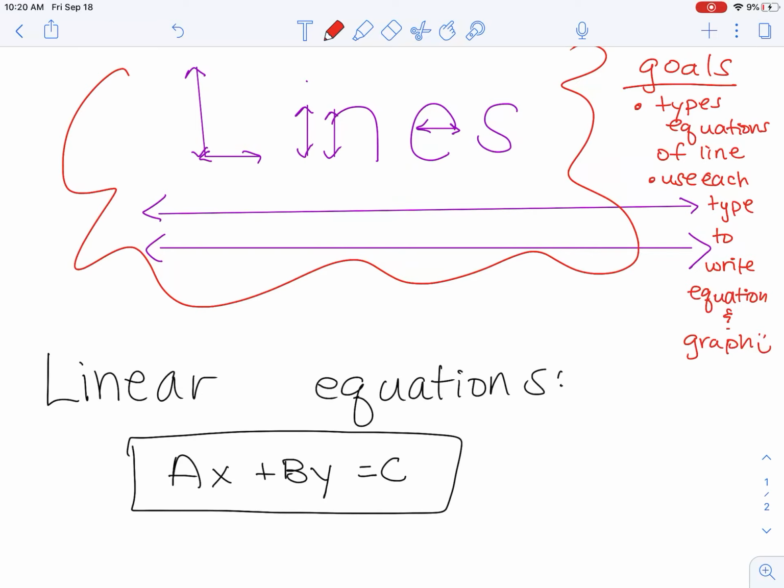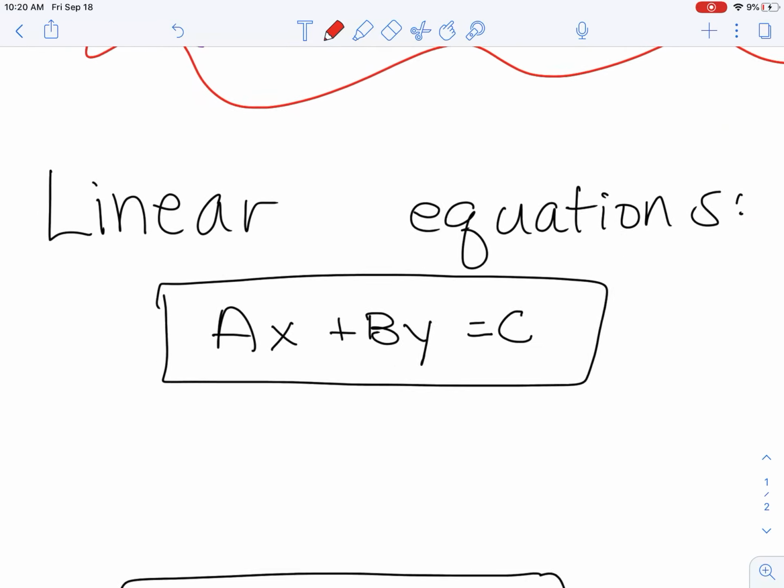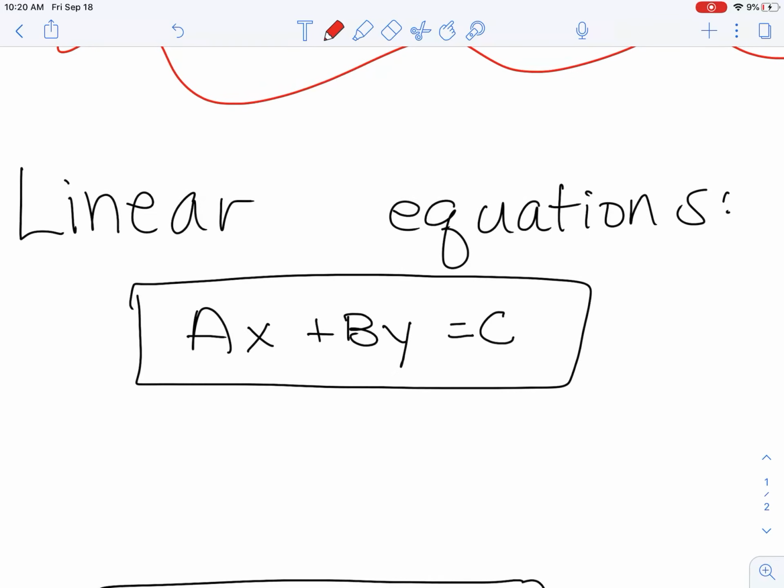So remember, when you think of linear equations, you may not think of this one first. But this is actually the standard form of a linear equation.